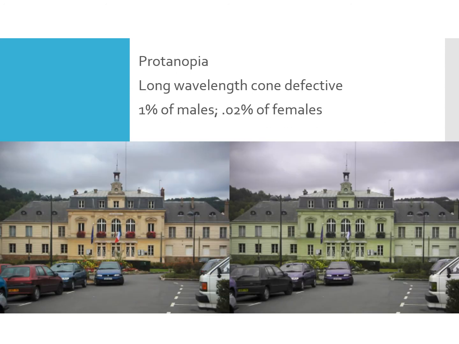So I'm going to walk through a few of the color deficiencies that we can see, and I'm just going to go ahead and say that the picture on the right is what we are assuming they see. From what I understand, for the people who are color deficient in my classes, these 2 pictures do appear pretty much the same to them, but we don't really know if they're seeing that as green.